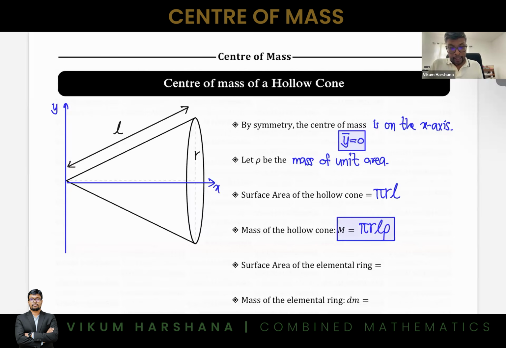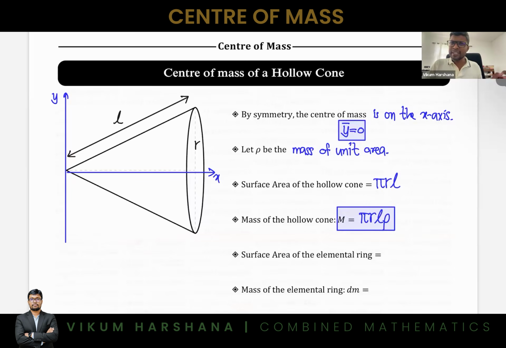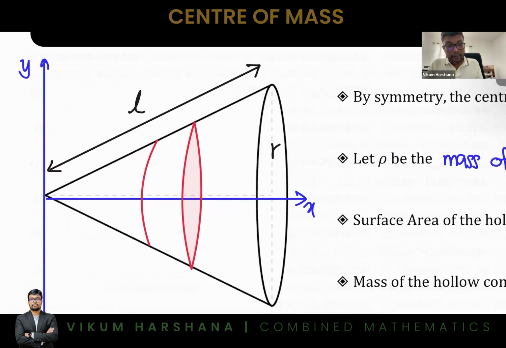Done. Okay. Surface area of an elemental ring. What does elemental ring mean? This is a hollow structure, no? So when you are taking a disc, it's not coming as a disc. It's coming as a ring, right? Another thing, when you are taking the ring, you have to take the slant heights now, not like the earlier version, because this is the surface area question, right?